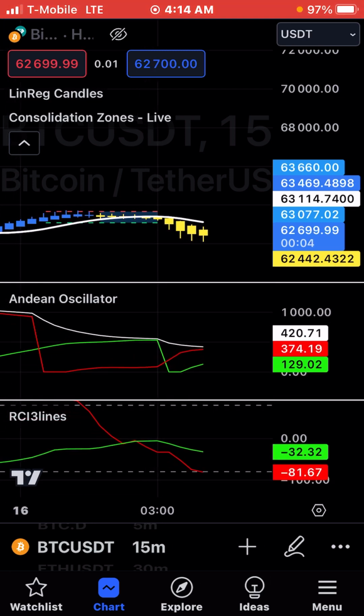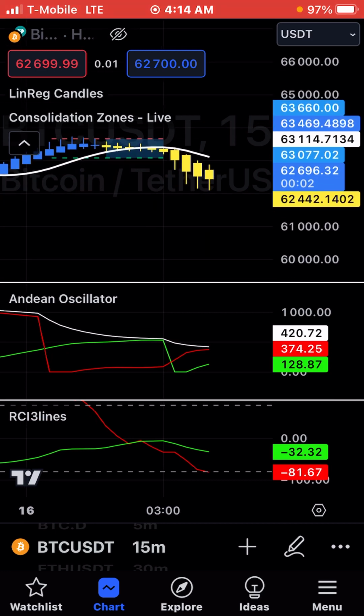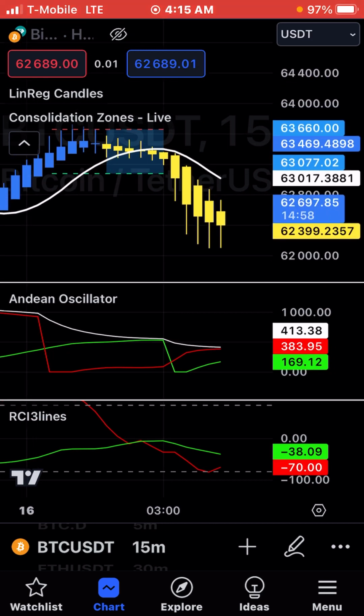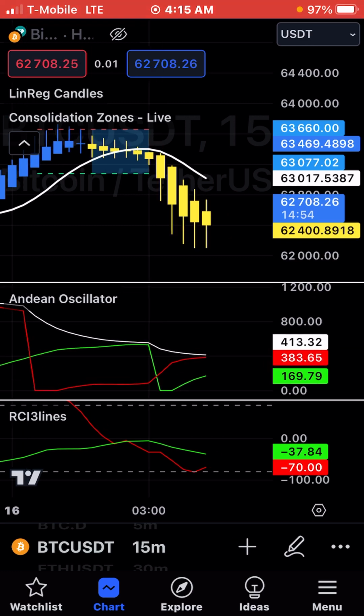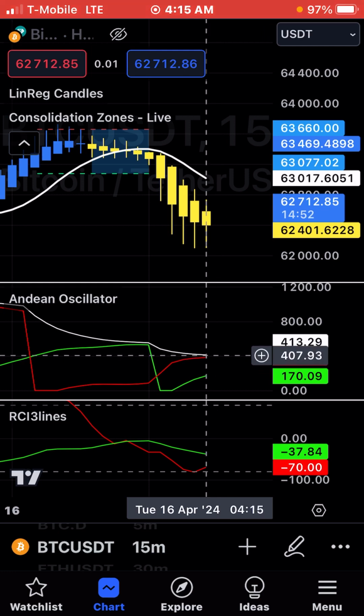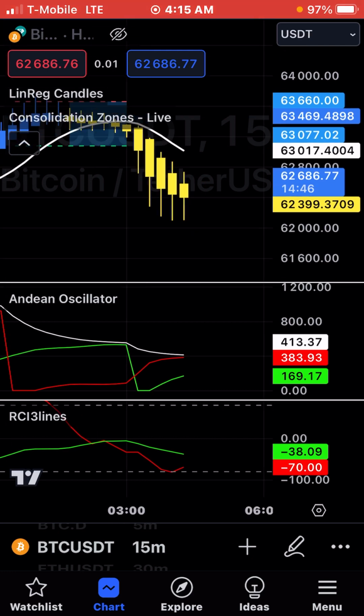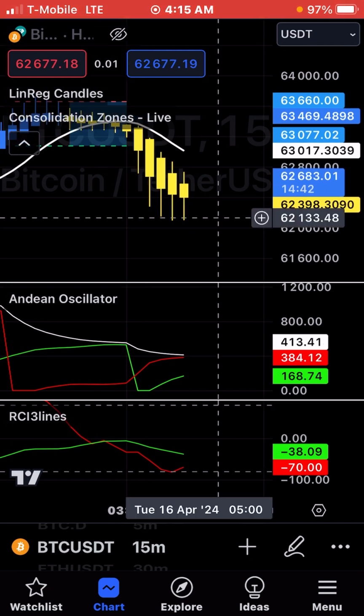We go to the 15-minute, and since we know the direction is down, we want to look for the red line to cross the signal line. So what you want to look for are a couple things with these indicators.